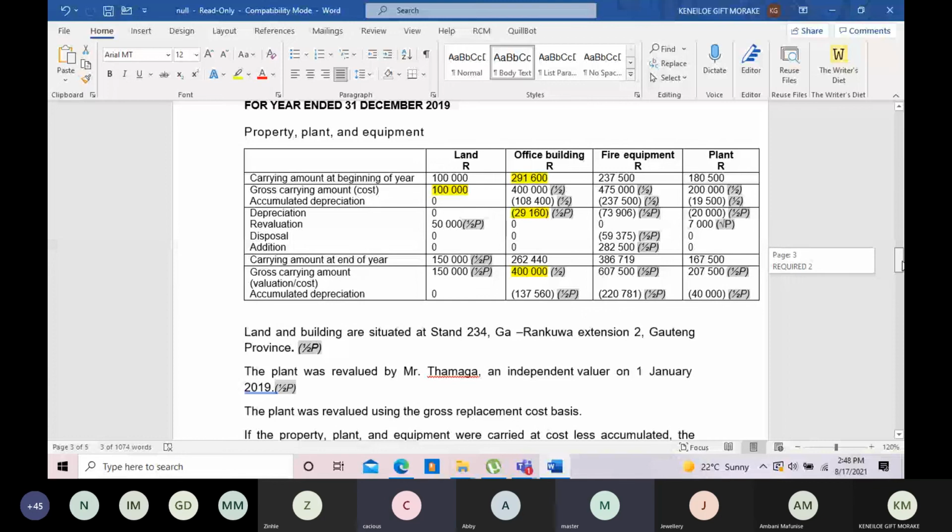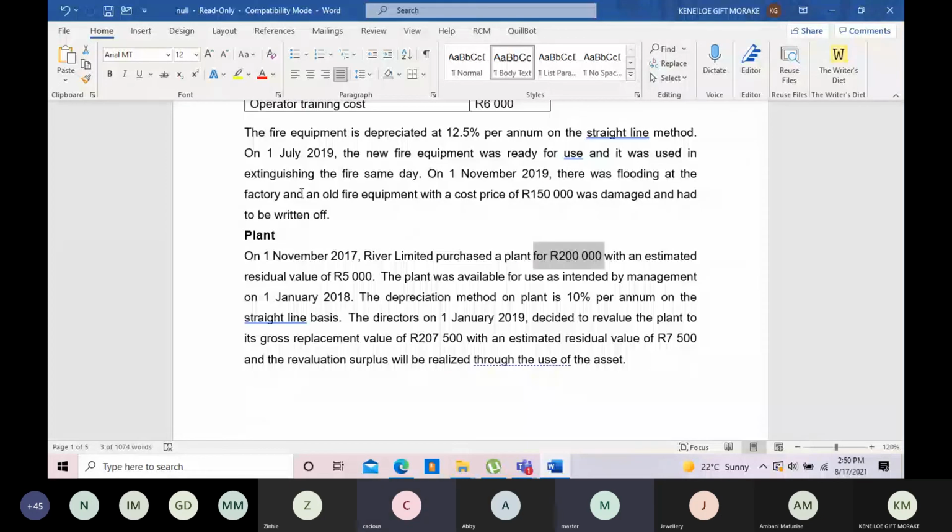We're going to start by calculating from the date of purchase up until its last day of existence. If they did tell us here, but they didn't, unfortunately.